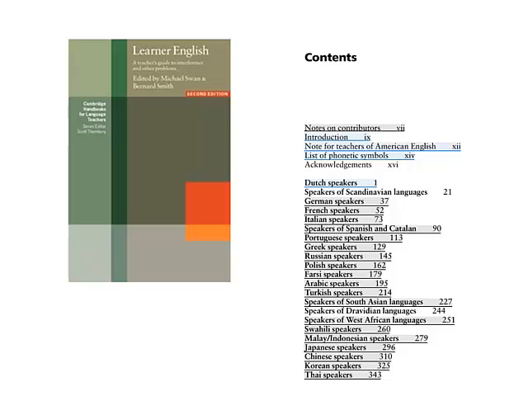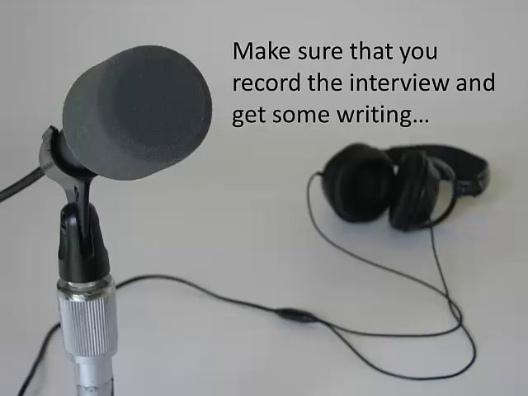So this is really helpful material. You should also make sure that you record the interview so that you can listen back to it afterwards and listen for the kind of problems that the learner has, and also get some writing from the learner. Just a paragraph is usually enough so that you can find out some mistakes that they make from that too.